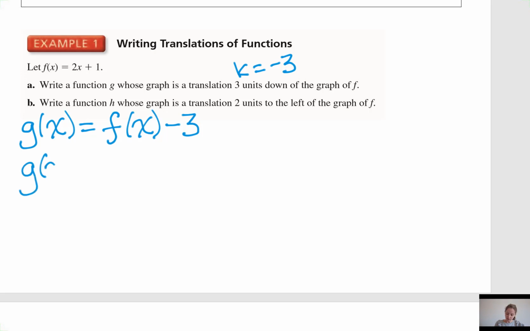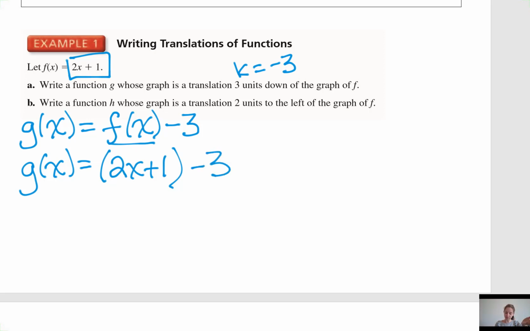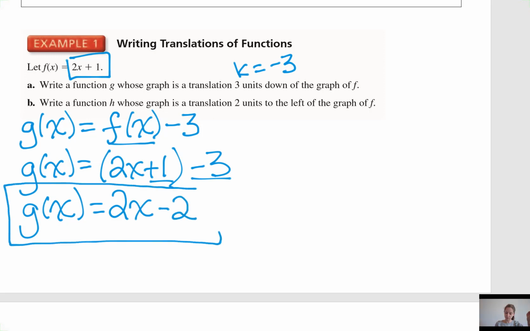Let's rewrite this as g of x equals, well, I'm going to replace f of x with 2x plus 1, because that is the equivalent of f of x equals 2x plus 1, so I can replace it. And then I'll do the minus 3. Now, I actually don't need parentheses, there's nothing I'm distributing, but I do it just to be safe. And I can now take away the parentheses and combine my like terms, and I get 2x minus 2. And this is a translation of f of x down 3 units.